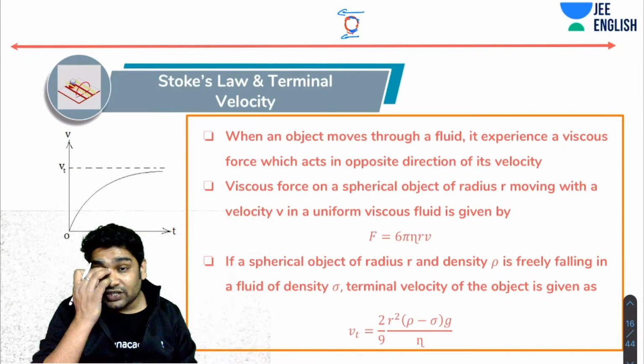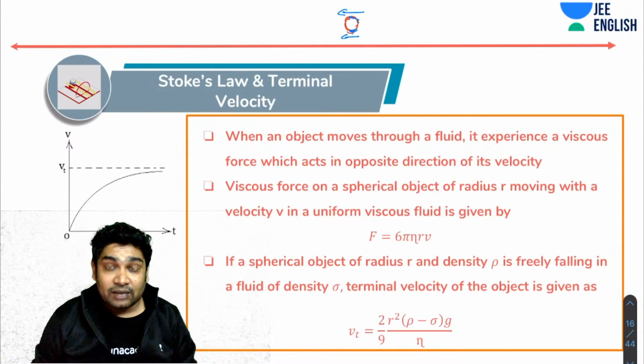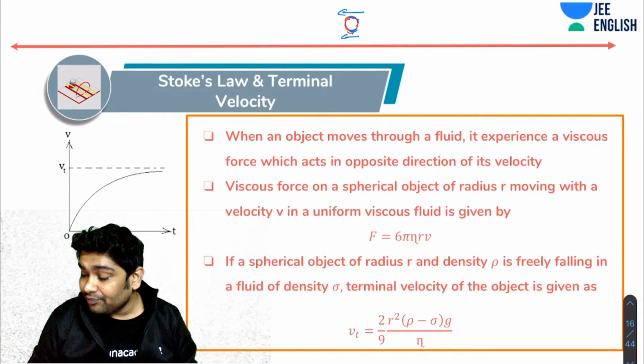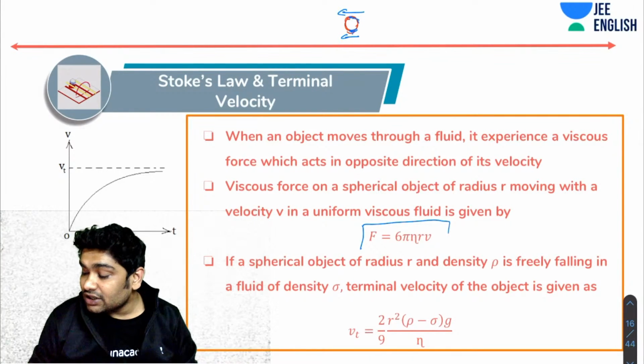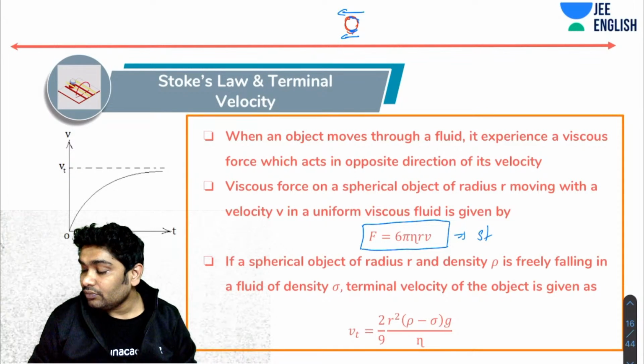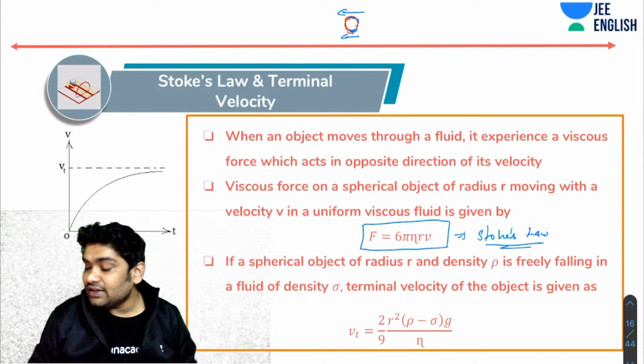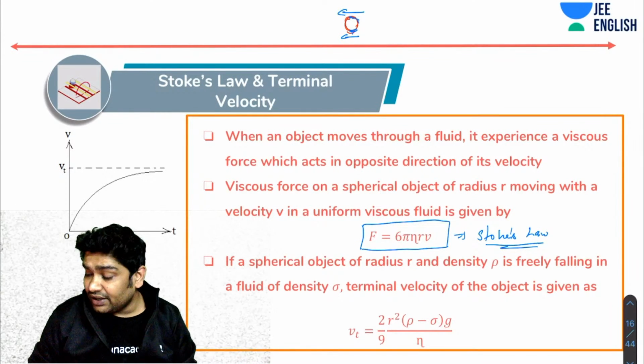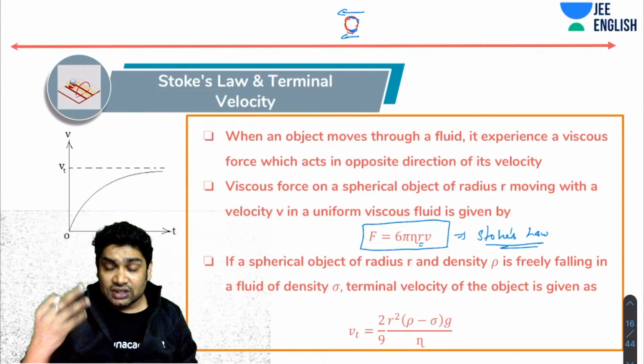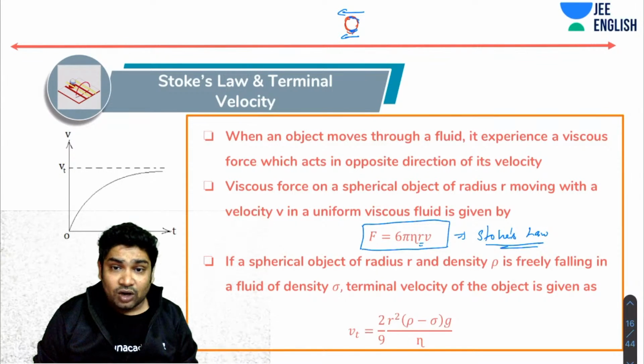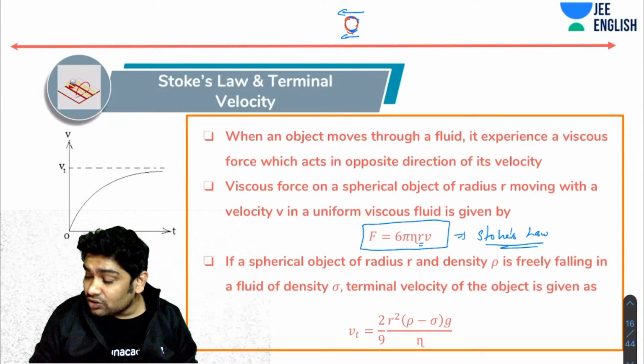Now the viscous force on a spherical object of radius r moving with a velocity v in a uniform viscous fluid is given by F equals 6 pi eta r v. This is what you call Stokes' law. This force is directly proportional to the radius, because that determines how much surface is in contact with the fluid, and it also depends on the velocity.